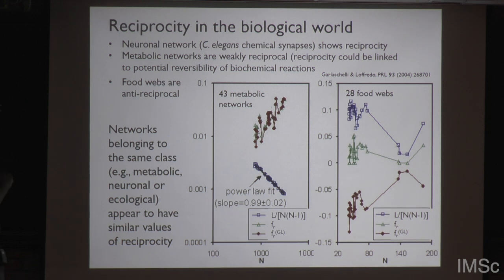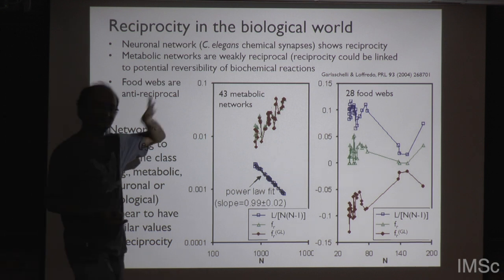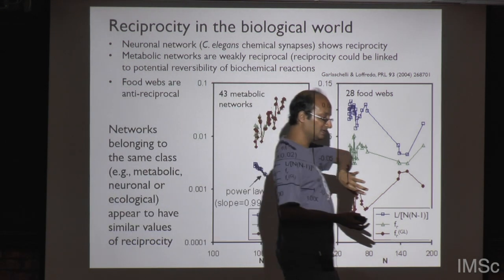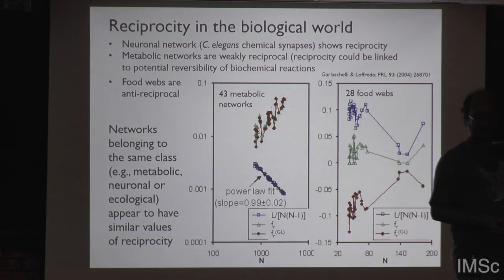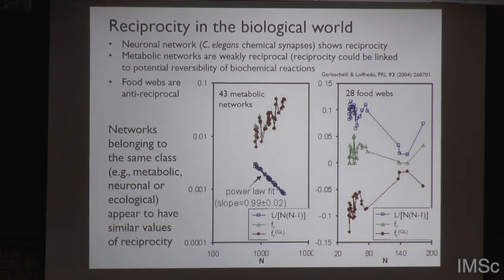That makes sense because in food webs, since you have connections from prey to predator, reciprocity would mean that the predator would also become the prey of its prey, which is kind of nonsensical, right?